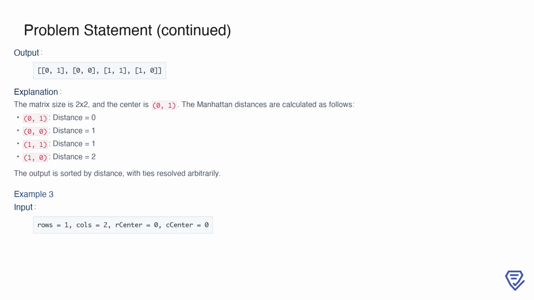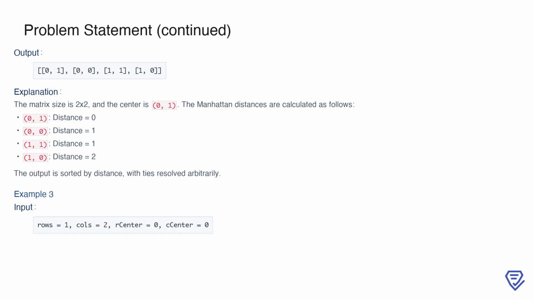Similarly, 1, 1 also has a distance of 1, as the column is the same, but the row difference is 1. Finally, the distance to 1, 0 is 2, because both the row and column differ by 1. Sorting these cells based on their distances, we get the output [0,1], [0,0], [1,1], [1,0].